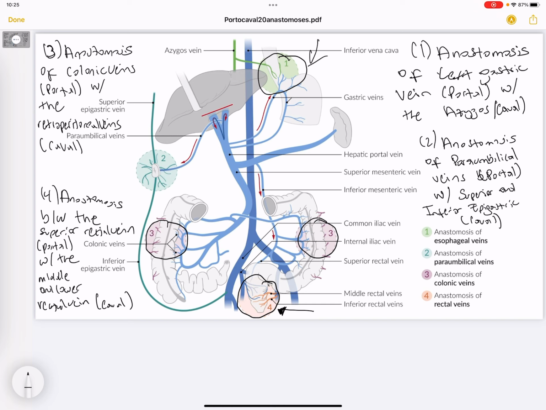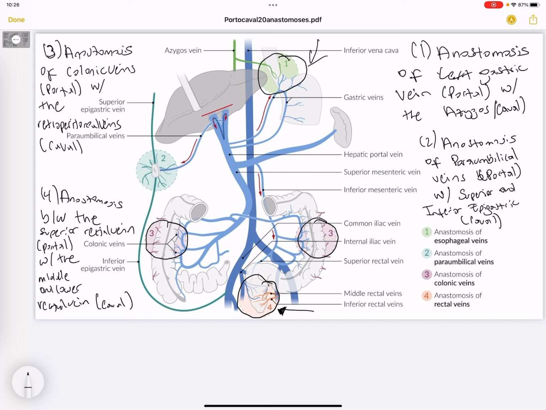And we're going to visibly see this in patients in their abdomen. At site number 3, we see the anastomosis of colonic veins, and with portal hypertension, this is going to lead to colonic varices as well as retroperitoneal bleeding. And at site number 4, we see the anastomosis of our rectal veins, and with portal hypertension at this site, we're going to see rectal varices as well as hemorrhoids in patients.